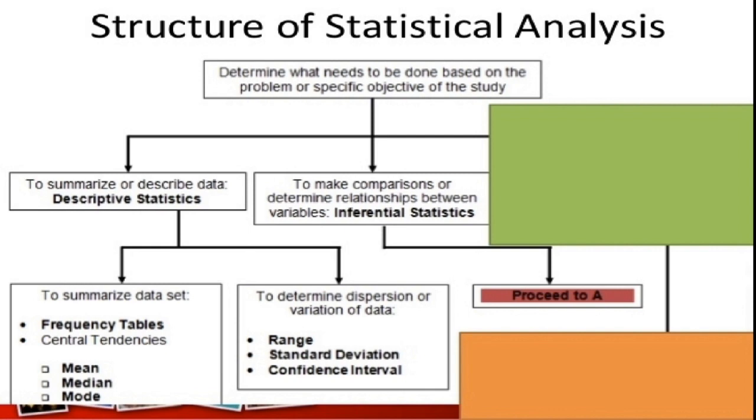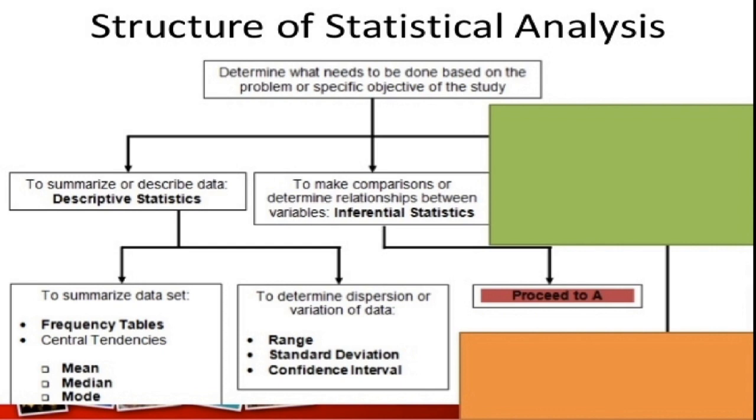Descriptive statistics is again subdivided into two categories. One is to summarize the data set in the form of frequency tables. The statistical tools here are the central tendencies: mean, median, mode. We can also add harmonic mean, geometric mean, like that.